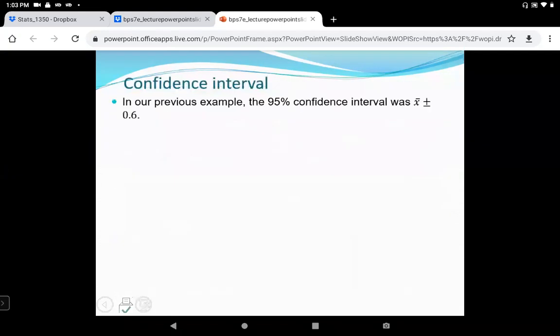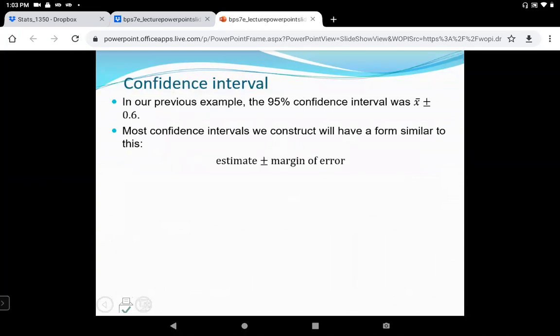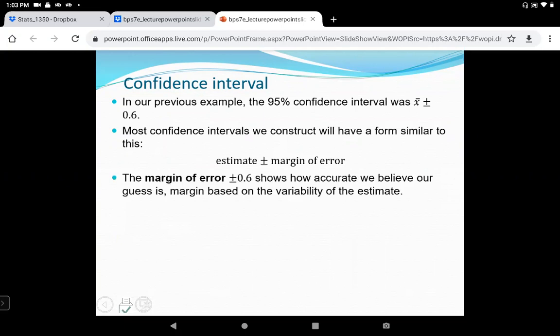Confidence interval. In our previous example, the 95% confidence interval was x bar plus or minus 0.6. Most confidence intervals we construct will have a form similar to this: estimate, which is our x bar for us, plus or minus a margin of error. The margin of error, plus or minus 0.6, shows how accurate we believe our guess is.